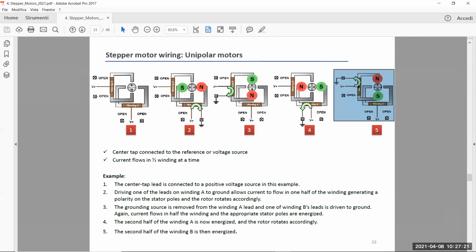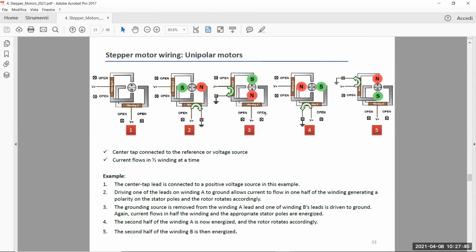Okay, now the current flows from the top side of this winding, the winding B, because we have V plus in the center tap, and then you have a short in the highest terminal node. And this brings to this specific configuration of north and south pole, which is the opposite of what you have in phase 3.